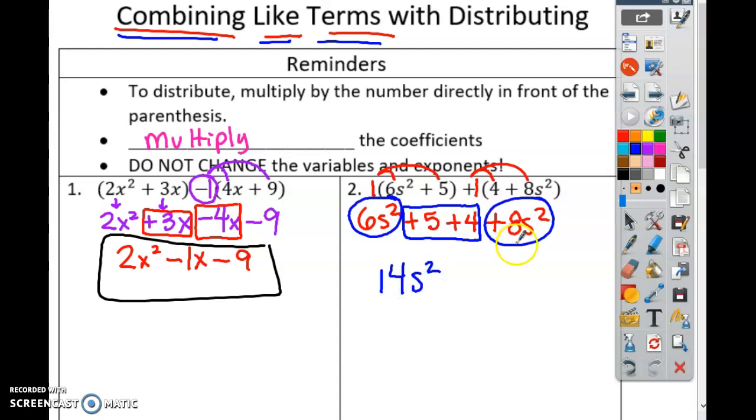That's this one and this one, my circles. What about 5 plus 4? What's 5 plus 4? 9. Positive 9, and we're done. That's it. Okay, pretty simple. We're distributing and combining, just like yesterday.